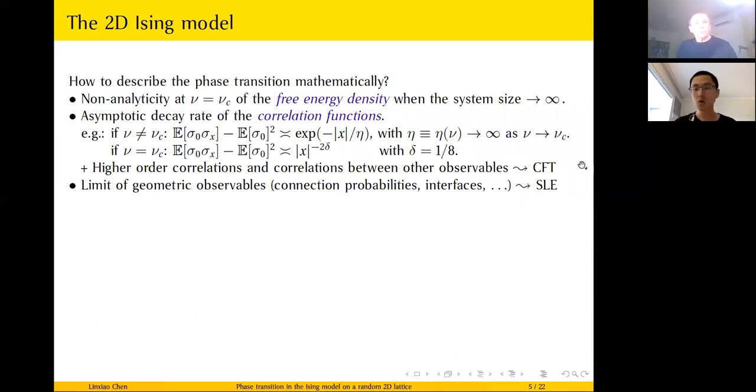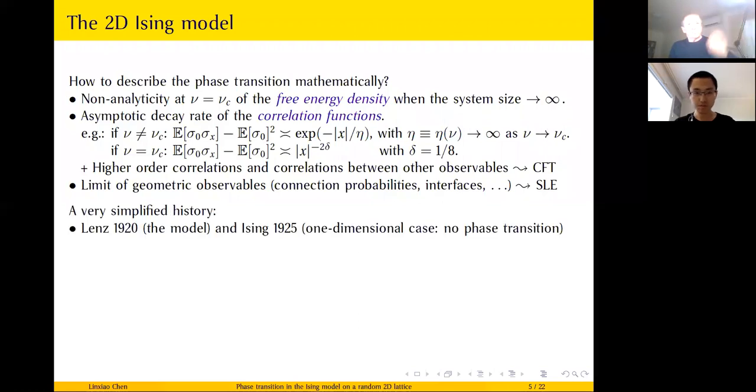But I will not enter into any detail of this continuous theory, CFT or SLE. I will rather focus on a relatively discrete scale of the model.